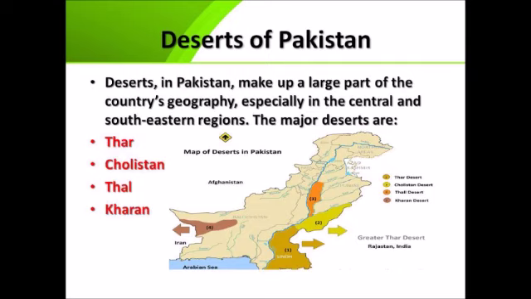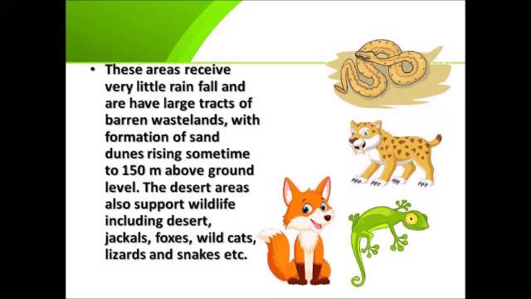Students, these areas receive very little rainfall and have large tracts of barren wasteland, with formation of sand dunes rising sometimes to 150 meters above ground level. The desert areas also support wildlife, including desert jackals, foxes, wildcats, lizards, and snakes.